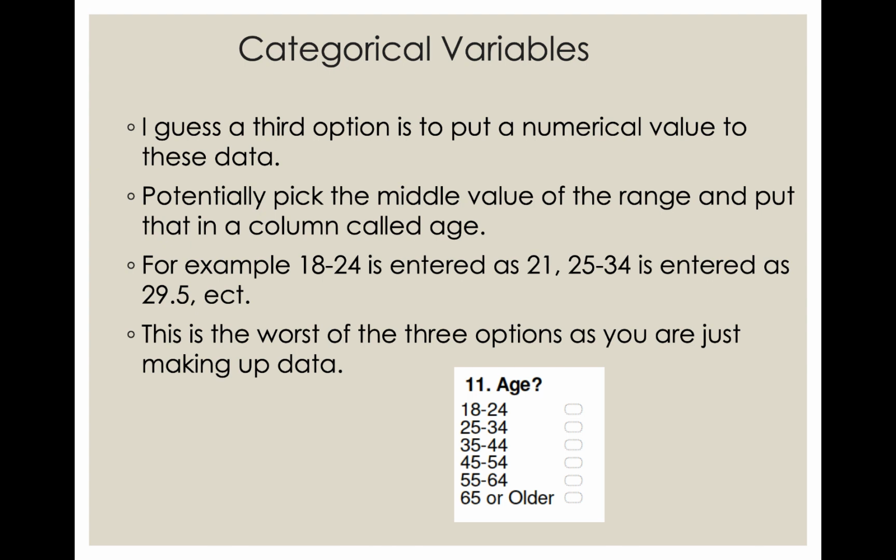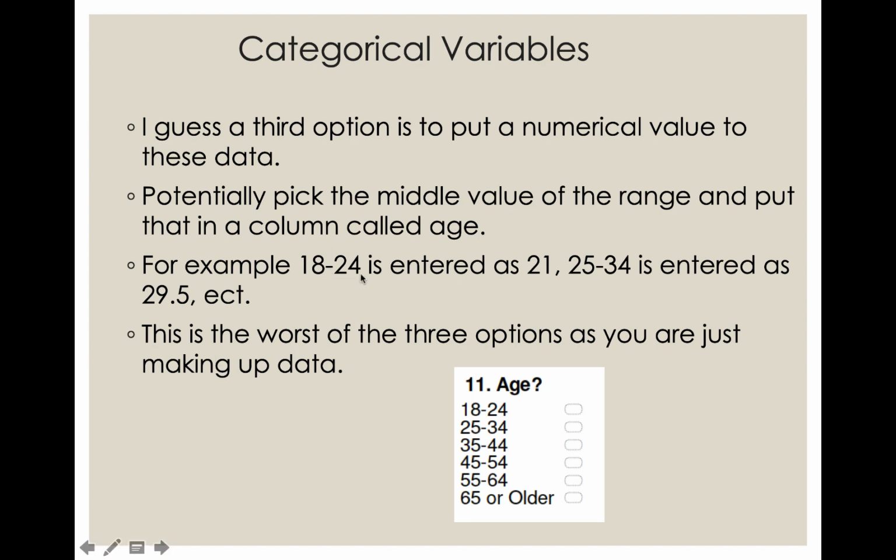Okay, I guess a third option is to put a numerical value on these data. So potentially you might want to pick the middle of the range and put that in the column called, say, age. For example, 18 to 24 entered as 21, 25 through 34 is entered as 29.5. I think this is the worst of the options because you're basically just making up data.